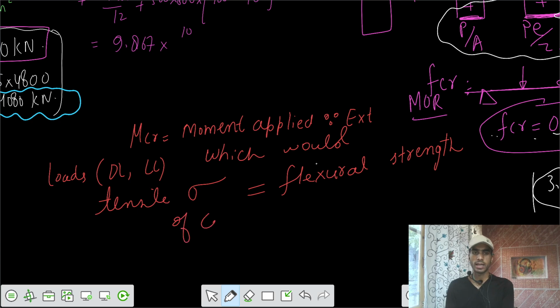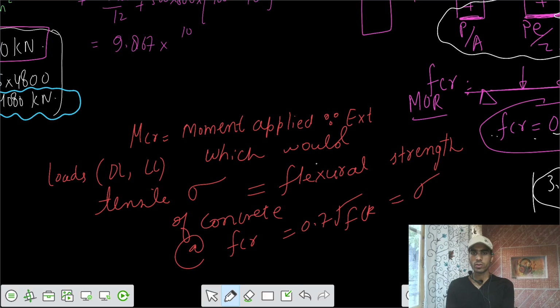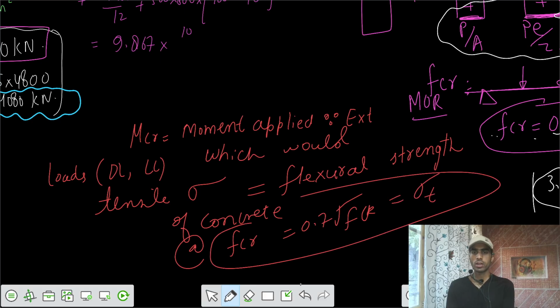And that we know is equal to your fcr, where fcr is equal to 0.7 root fck. That's your tensile strength for the concrete. So you have to apply this amount of moment such that it can cause a tensile stress equal to fcr.